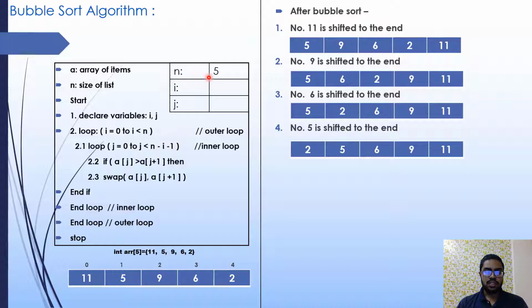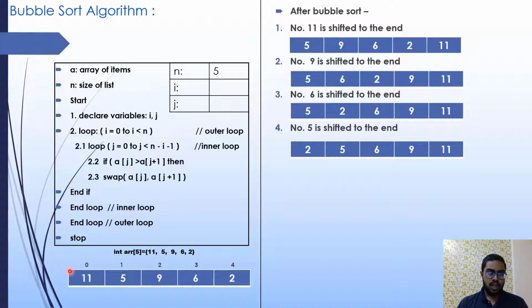N is the size of the array, which is 5, and I and J are the integer variables, which are the iterators we are going to use in the loops.